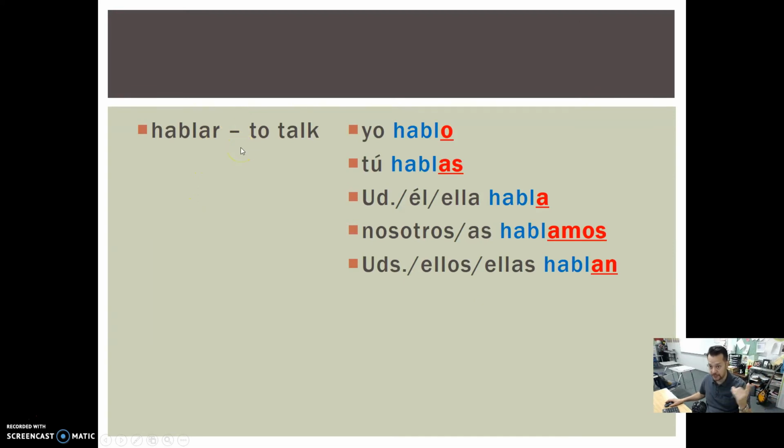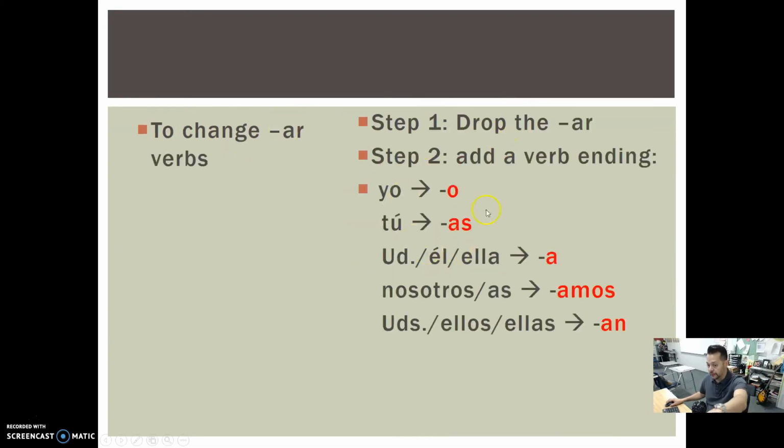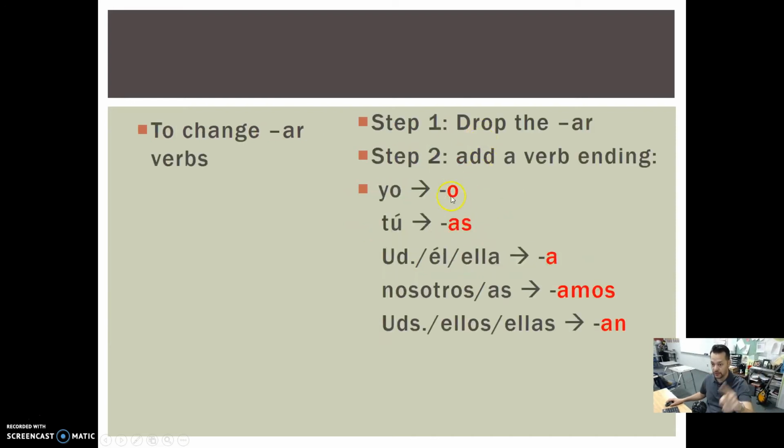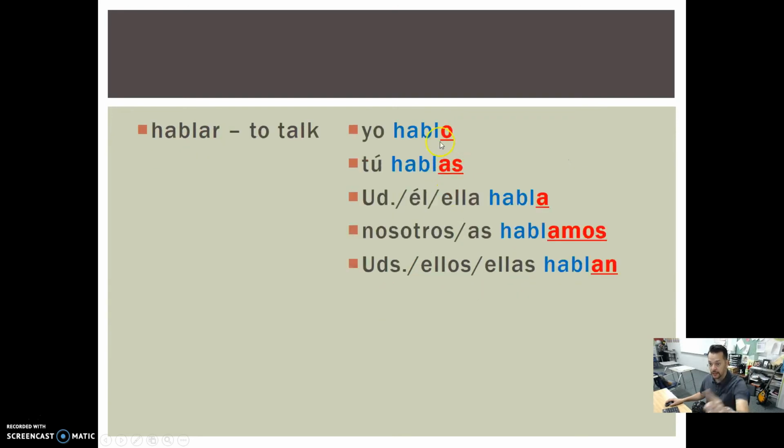Everyone knows hablar means to talk. So now, following these rules, let's go down the list, all right? Yo hablo, okay? You see what happened here? What was originally hablar, took out the AR, replaced it with this right over here. And now I got a brand new word, yo hablo. And what that means is I speak, or I am speaking, okay? Let's do the same procedure for all the rest of them.